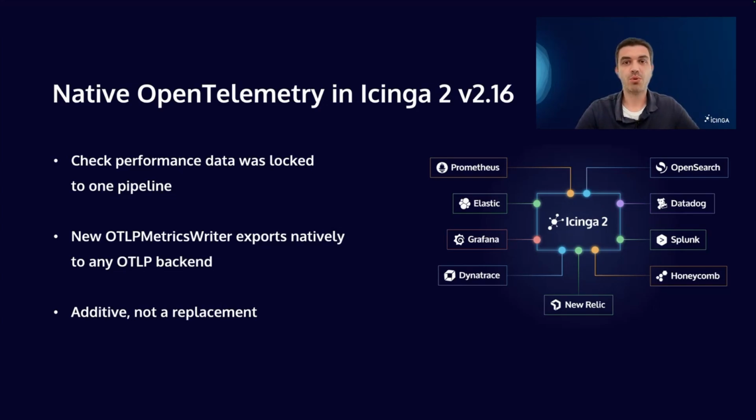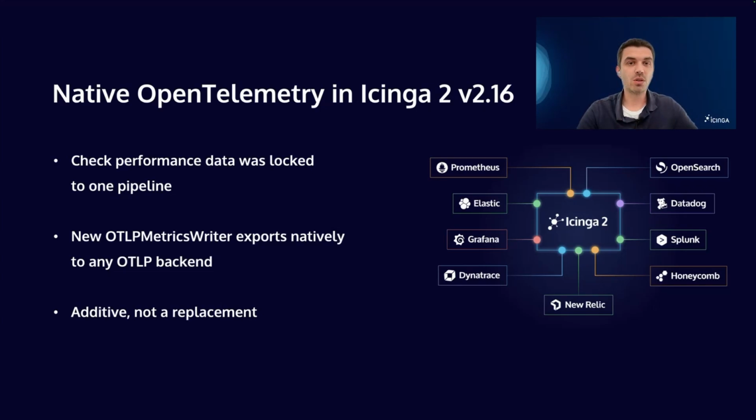Your check plugins produce a lot of valuable performance data, from CPU load, disk usage, memory, network throughput, response times, and whatever. And you've been sending those somewhere which is supported by Icinga 2, like Graphite, InfluxDB, Elasticsearch, maybe the perf data writer.